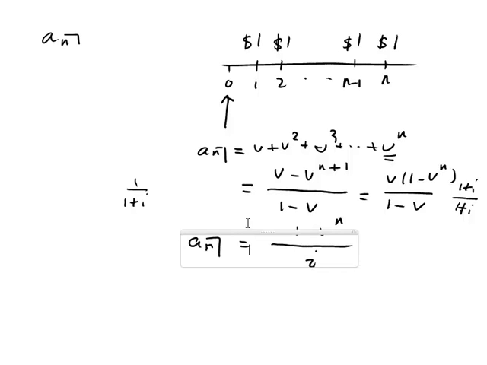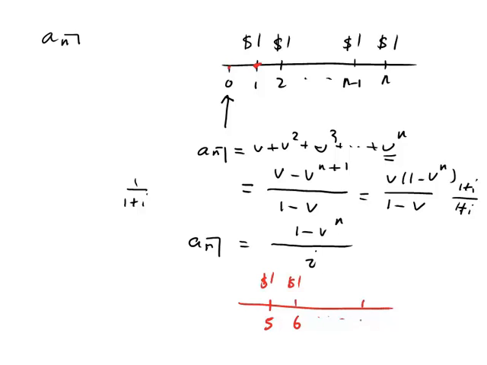One thing I want to tell you is that although it's common to write time 0 here with your first payment at time 1, we could write anything. For example, your first payment could occur at time 5. It doesn't matter. At time 5 you pay $1, time 6 you pay $1, and it continues all the way to time 9 and time 10, you pay $1. This is time 4. If you discount all these payments to time 4, 1 period before your first payment, we count how many payments we have: 6 payments.